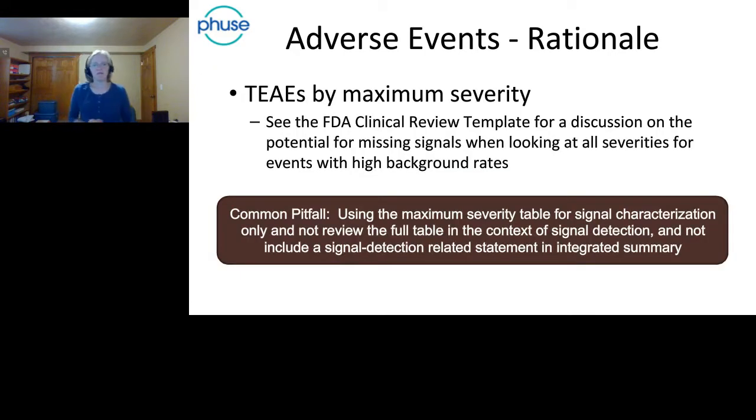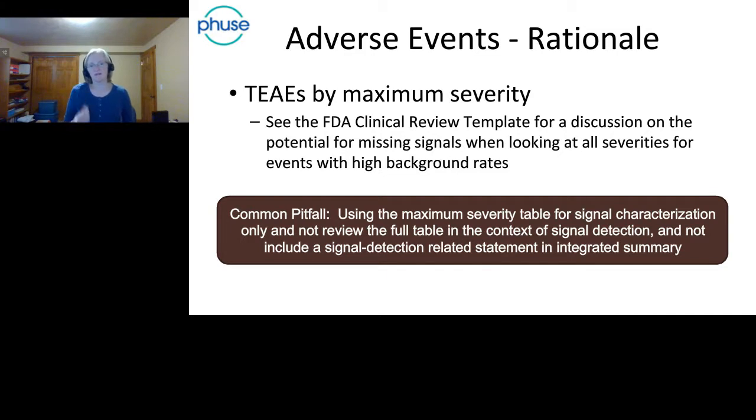Right, so I already briefly mentioned this with TEAEs by max severity. It is a common pitfall to not appreciate the role this table has for signal detection. So when there's a summary of this table written up, you should say things like, after reviewing the data and focusing on the severe events, we do not see any additional signals.